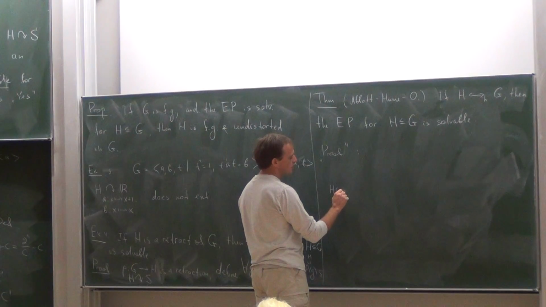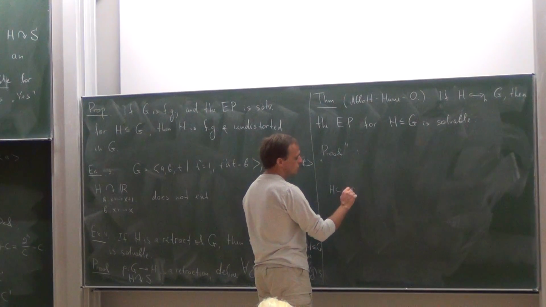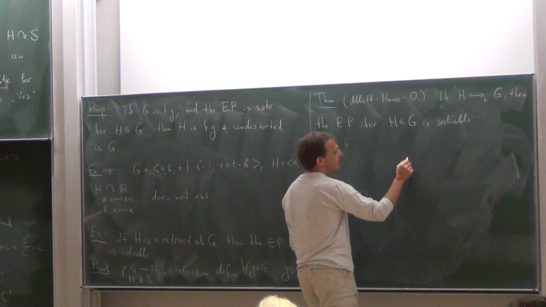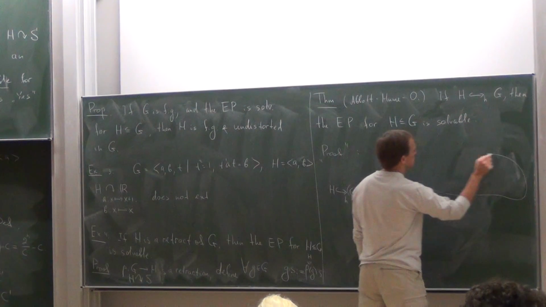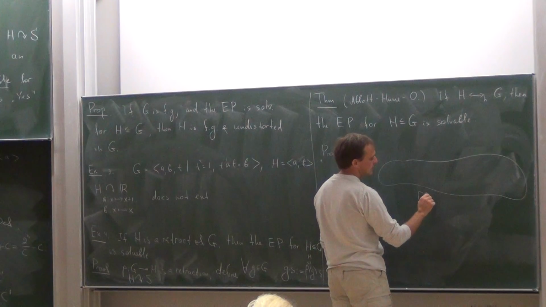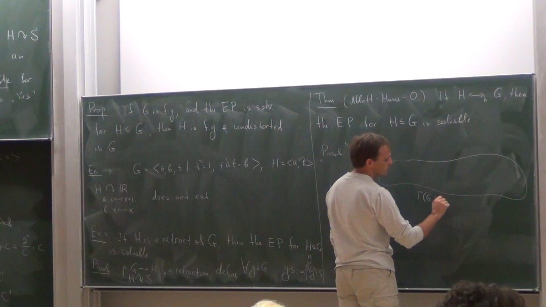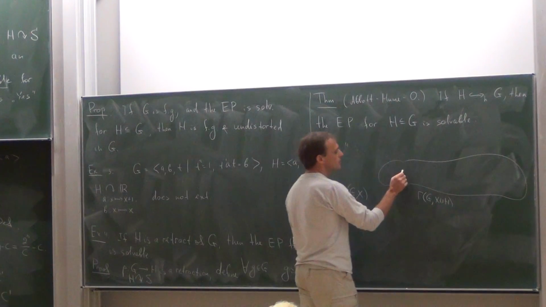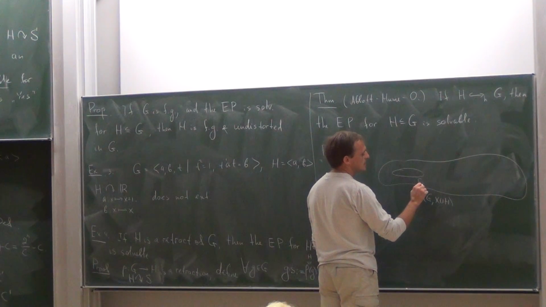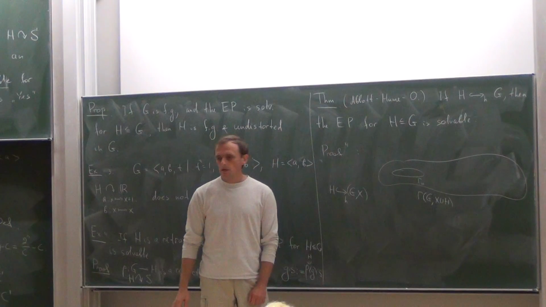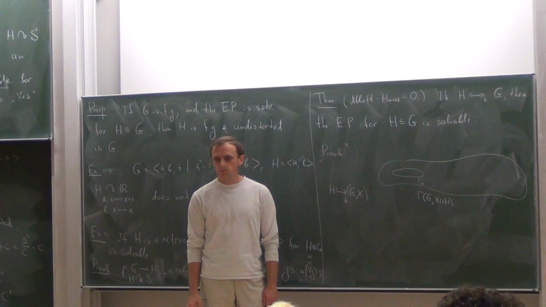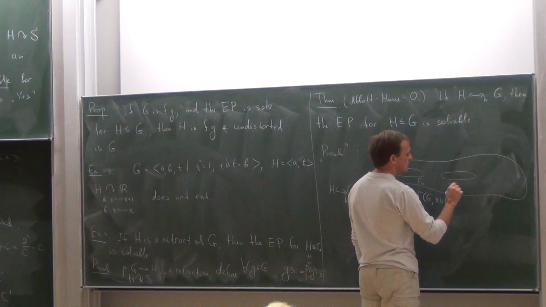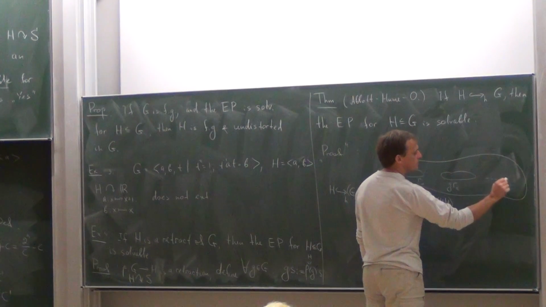So, suppose that H is hyperbolically embedded into G with respect to some generating set X. So we take the Cayley graph, Gamma of G with respect to X union H, which we know is hyperbolic. And now in this Cayley graph we have cosets, so this is Gamma sub H. That's the subgraph corresponding to H. And we have some cosets, say g Gamma sub H, and so on.